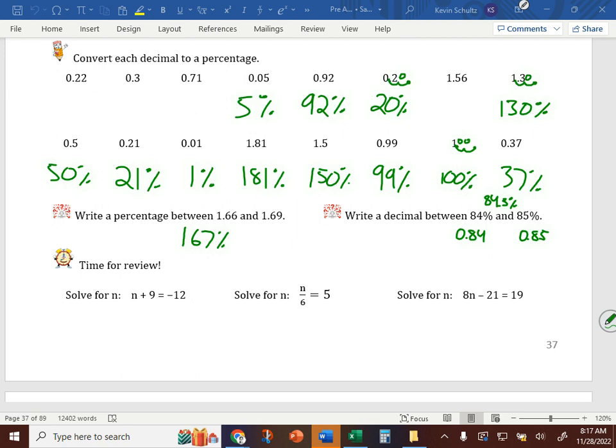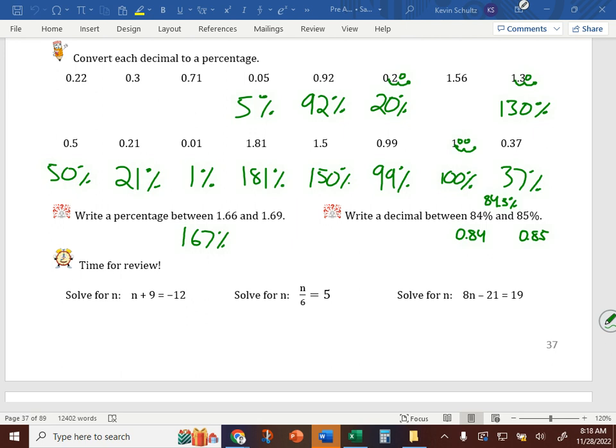Anyone come up with an answer for this that they're confident in? Yeah? Not 8.45. You're getting close. 0.84.5. Well, you can't have two decimals in the same number. Oh, wait. So 84.5.